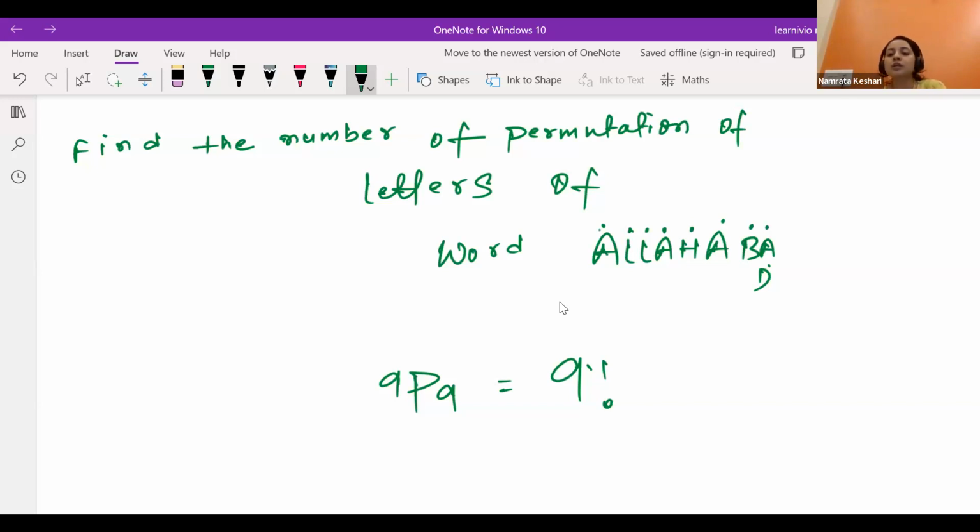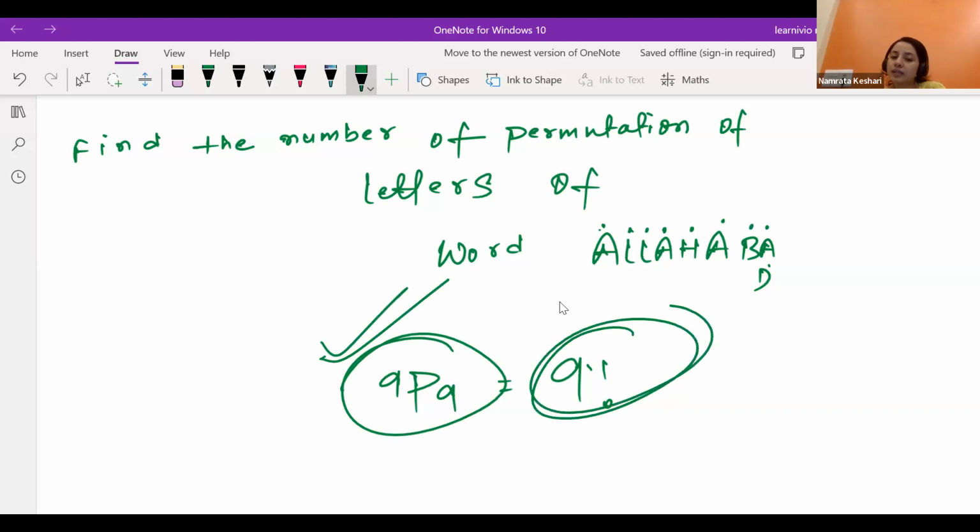ALLAHABAD, count it: total 9 letters, so 9 objects, and we take 9 at a time. 9P9, if you want to write this, you can write it. Otherwise, writing directly that the permutation will be 9 factorial is also completely fine. Are you getting me?